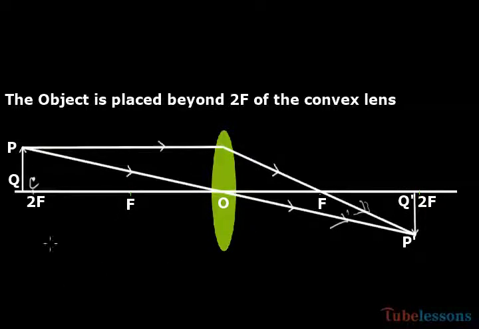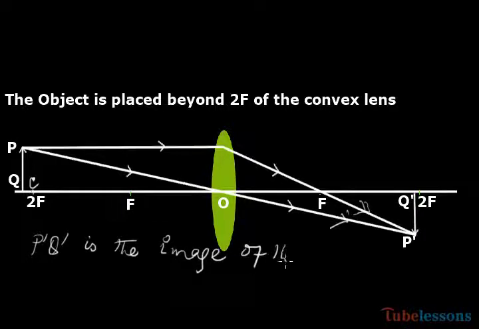So P dash Q dash is the image of the object PQ.